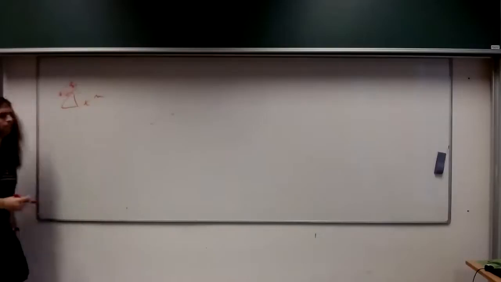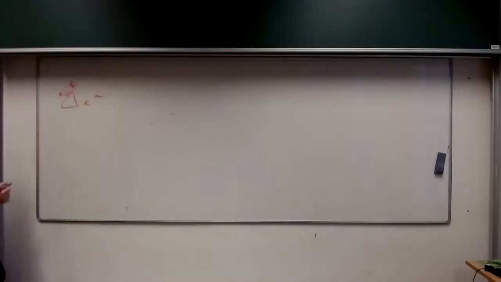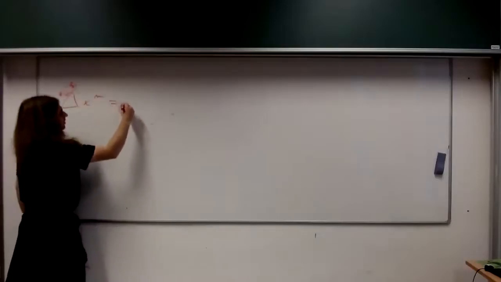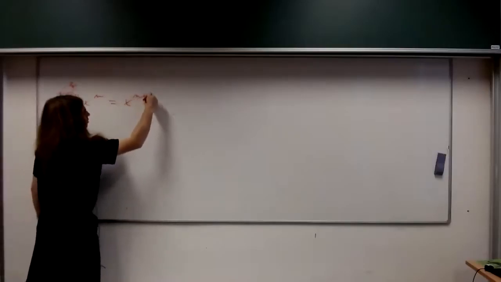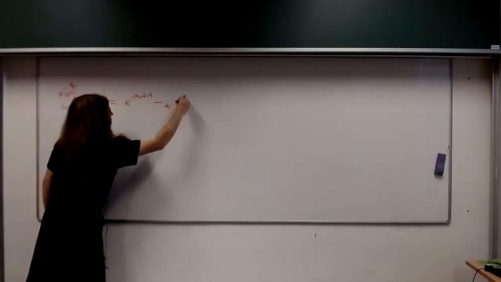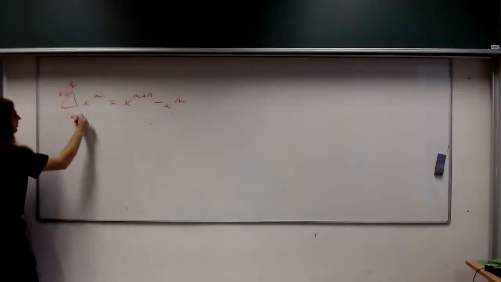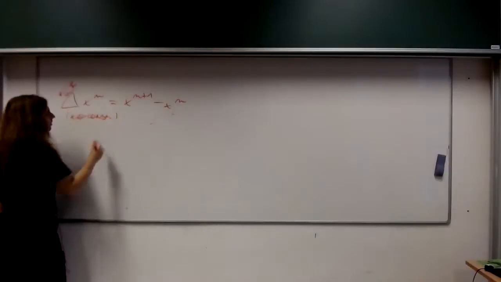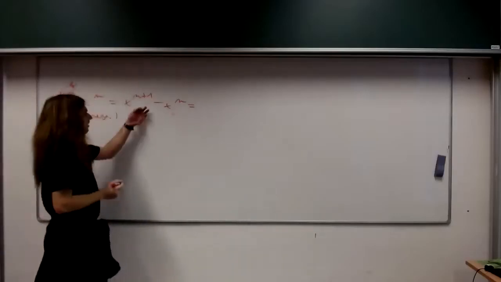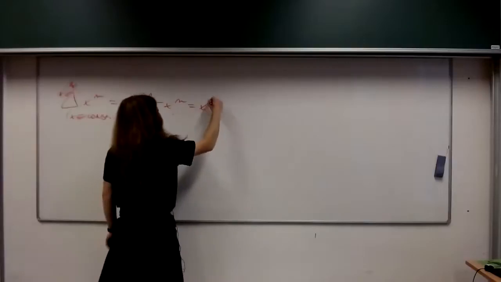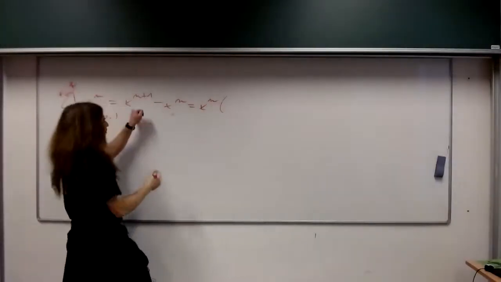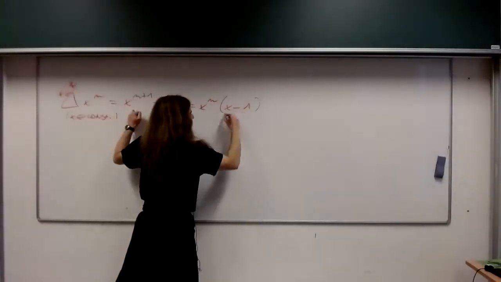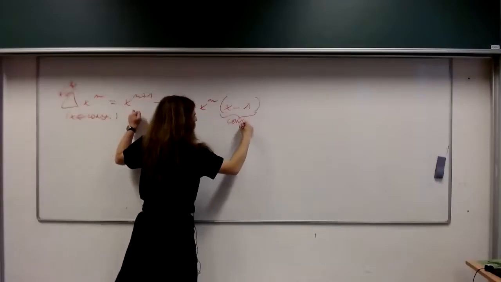If we do a difference of x to the nth, then we just get x to the nth plus 1 minus x to the nth, where x is a constant. So if it's a constant, then we can just take it out, and we have x to the nth times x minus 1. But this is, of course, a constant.